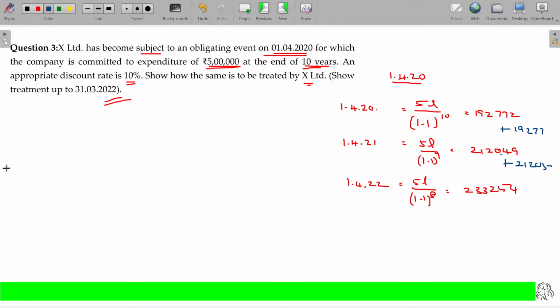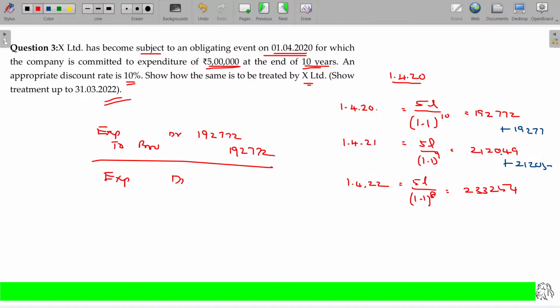Now, how can you pass the journal entry here? Expenses account debit to provision. The expenses debited to the P&L account but not paid will be available as provision in your balance sheet, so you have to show this in the very first year. Next year, you have to further increase this by 19,277.